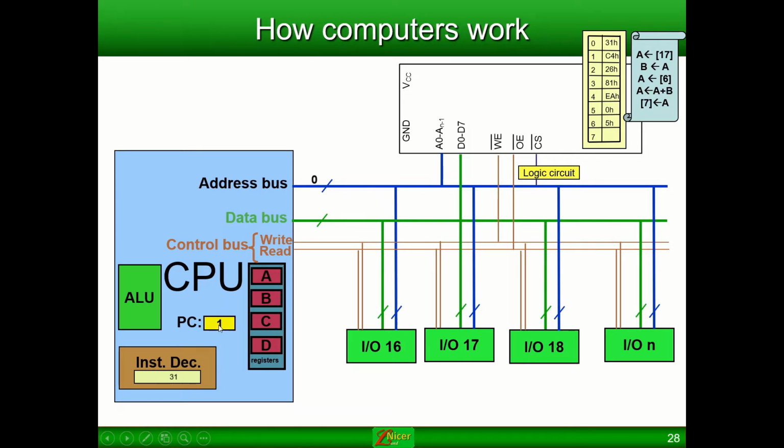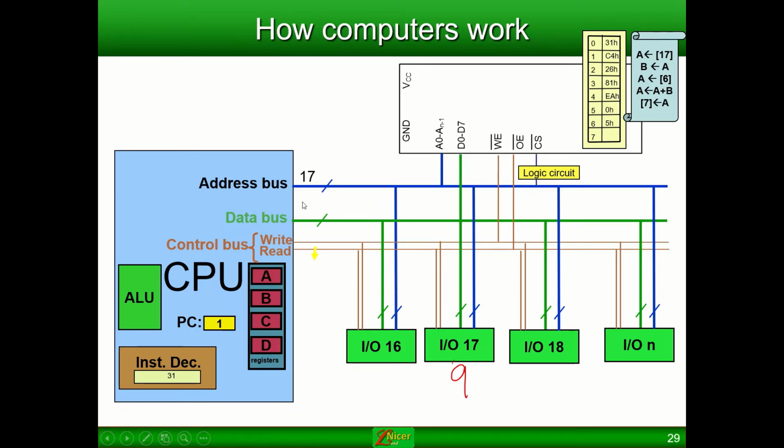Now our program counter is also updated to the value 1. That means the next instruction to be executed is C4H.